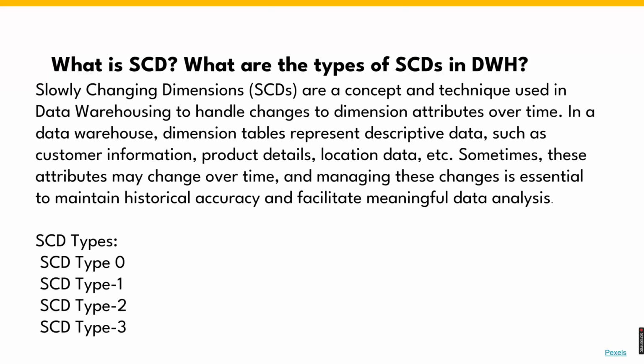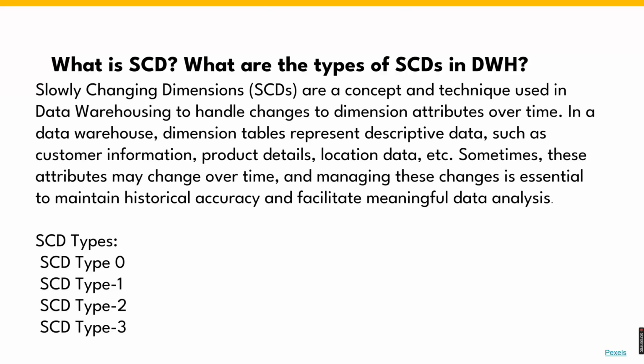In a data warehouse, dimension tables represent descriptive data, such as customer information, product details, and location data. Sometimes these attributes may change over time, and managing these changes is essential to maintain historical accuracy and facilitate meaningful data analysis.